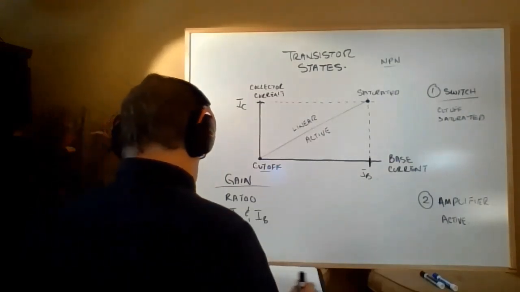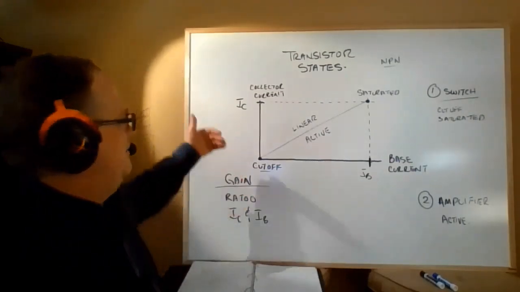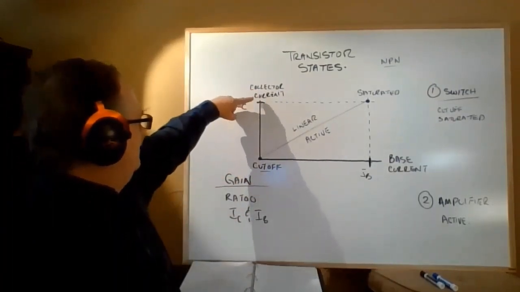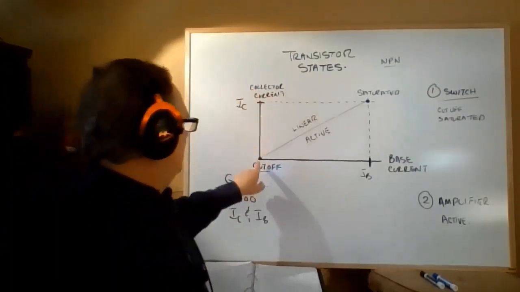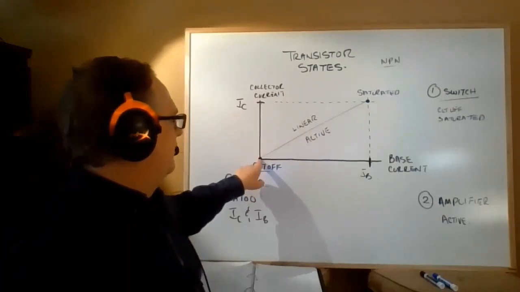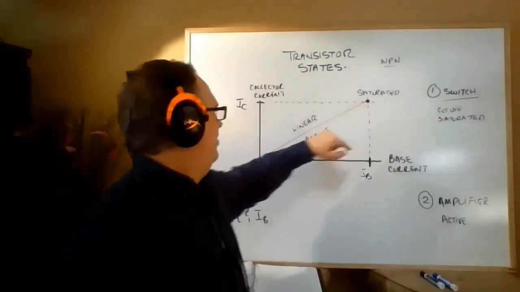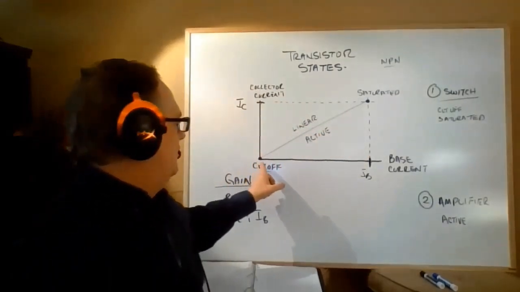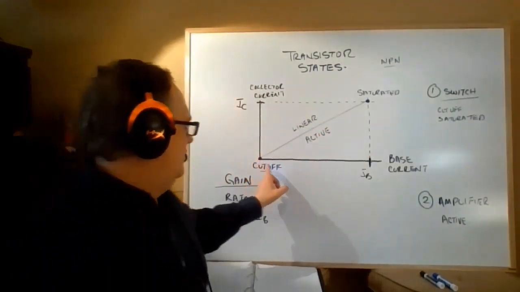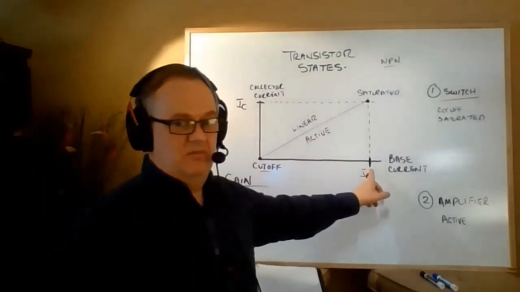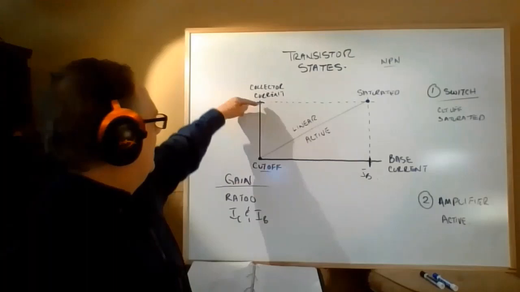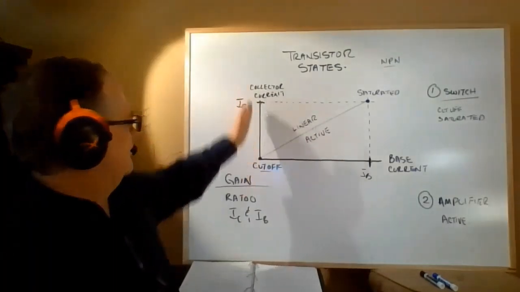Now, as I said before, if this was a PNP, then what we would be looking at is this line. Instead of going at 0 base current up here, it would actually start here and it would come down here, meaning that with a PNP transistor, when you get to your maximum saturation point base current, your collector current would be at 0.